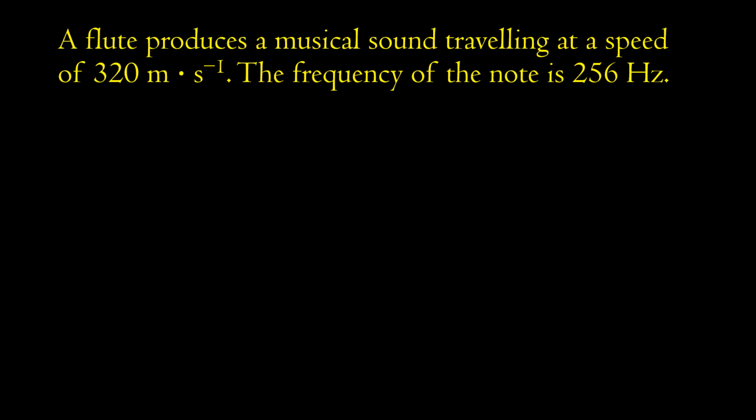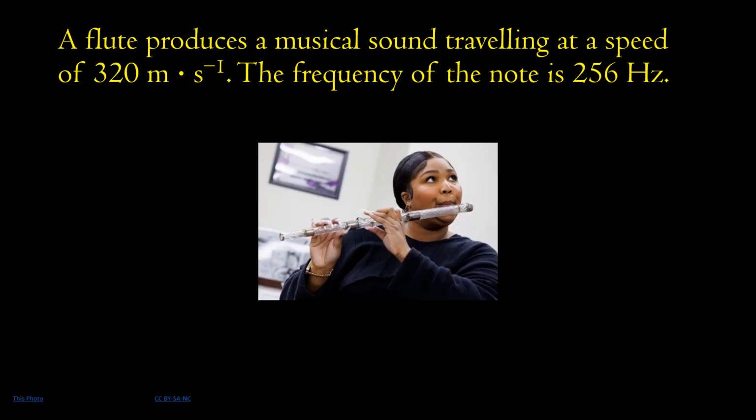A flute produces a musical sound traveling at a speed of 320 meters per second. The frequency of the note is 256 Hz. Imagine Lizzo playing a flute. A flute produces sound using wind.